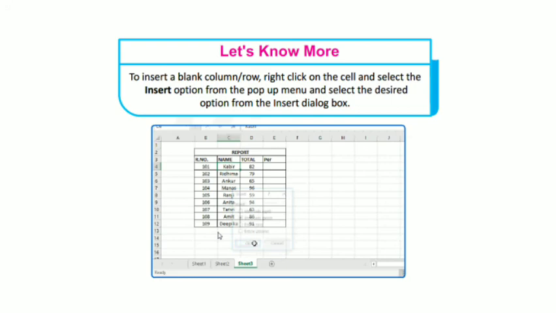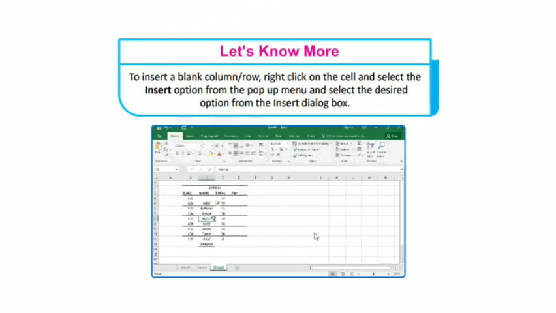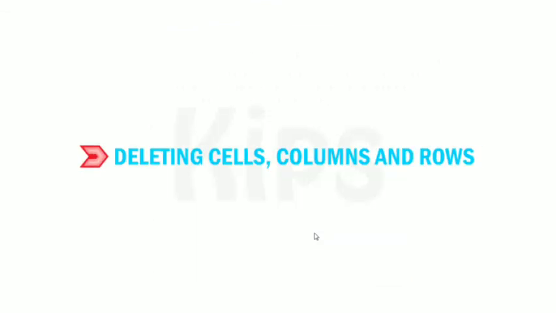Just by right clicking we can insert a row or column in our sheet. So in this way we can insert cells, columns and rows in an Excel sheet.